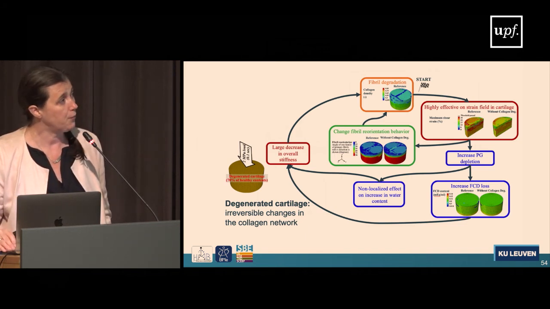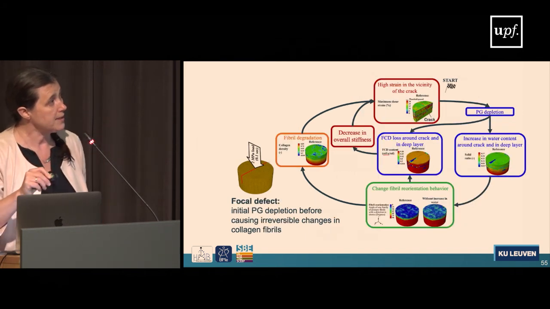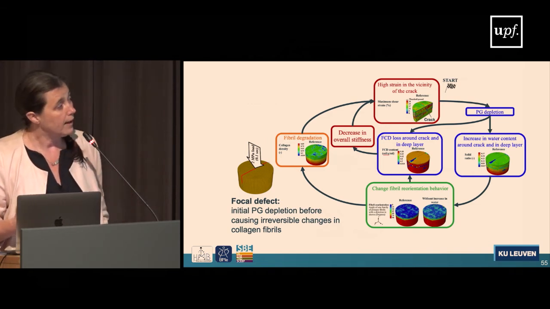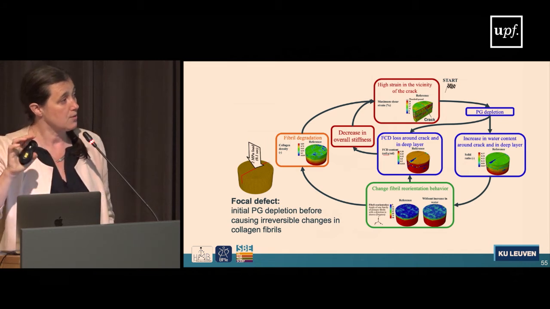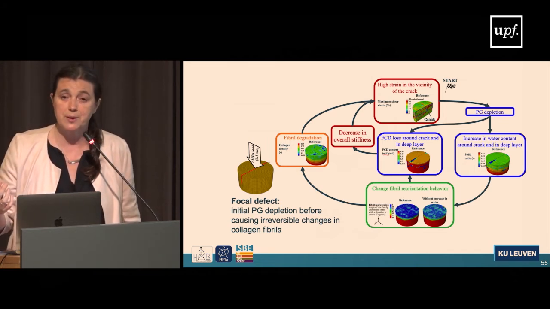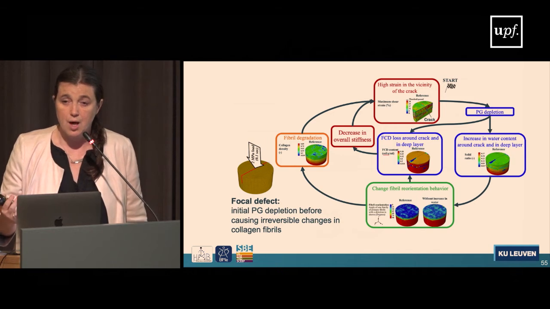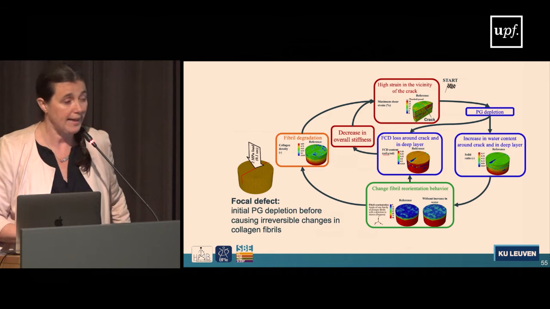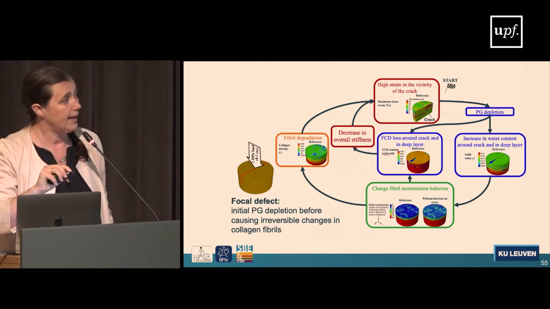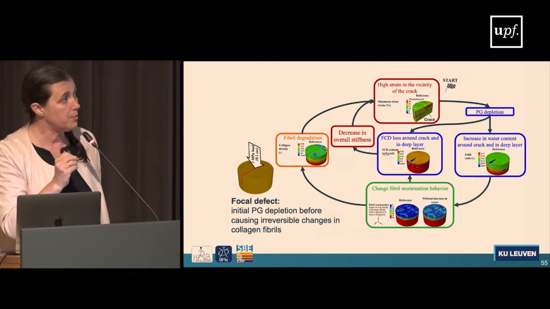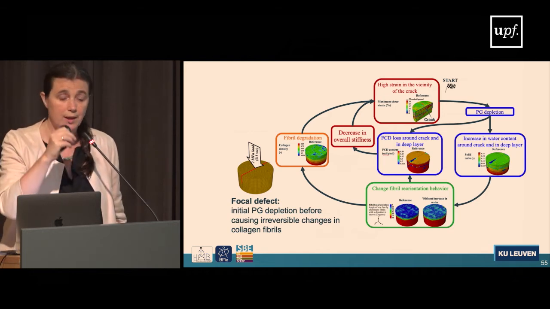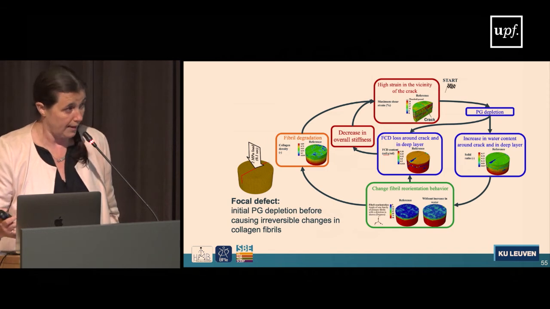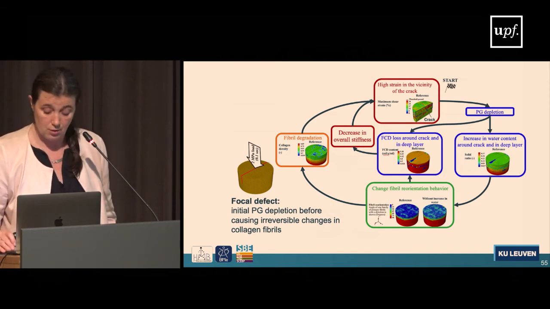On the other hand, in the defect model, we see that the proteoglycan depletion is the triggering event that is causing local changes in the strain, and only afterwards there will be changes in the collagen fibrils. So by using our models, we are able to untangle each of these mechanisms, and we hope that in validation experiments, we are able to selectively intervene on one of these mechanisms and show that we can, in our in vitro setup, change the progression of the damage.